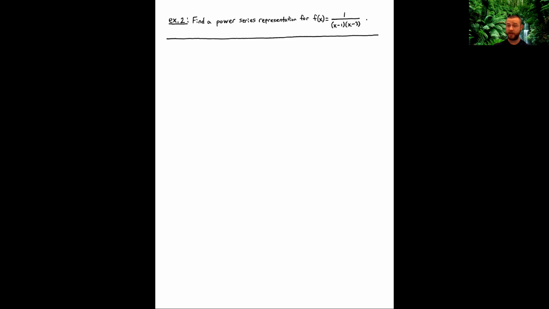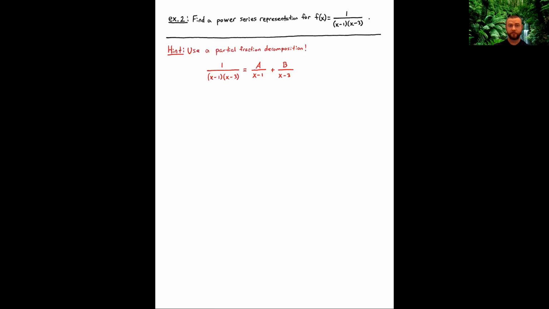All right, again, this one is a little trickier. The hint I'll give, if you want to pause the video to make another attempt, how we kind of split this into a sum or difference of known power series representations is we can perform a partial fraction decomposition.